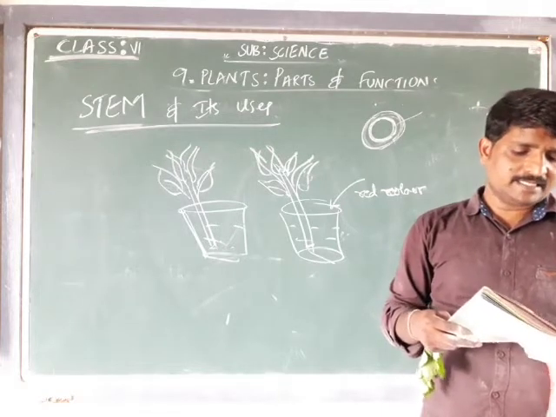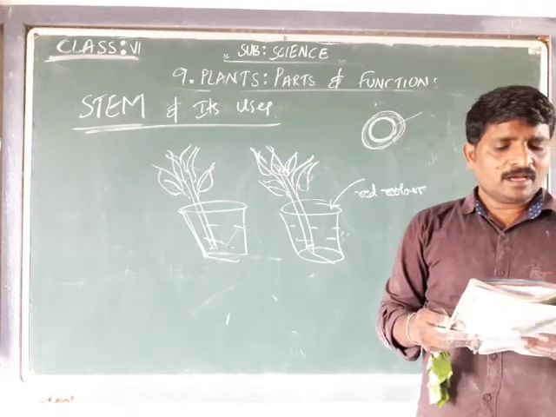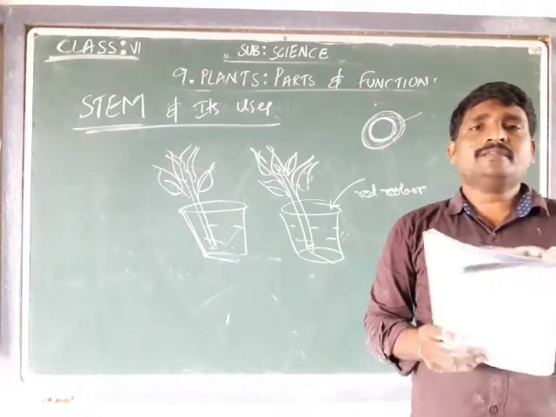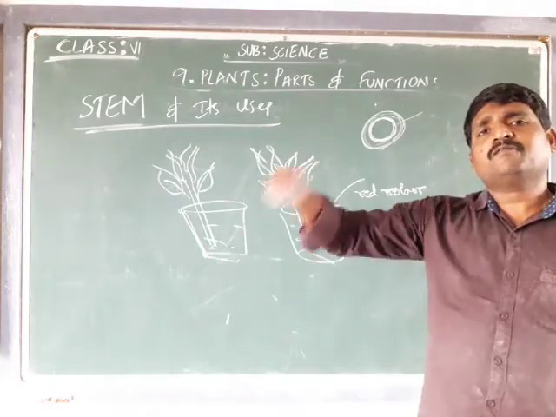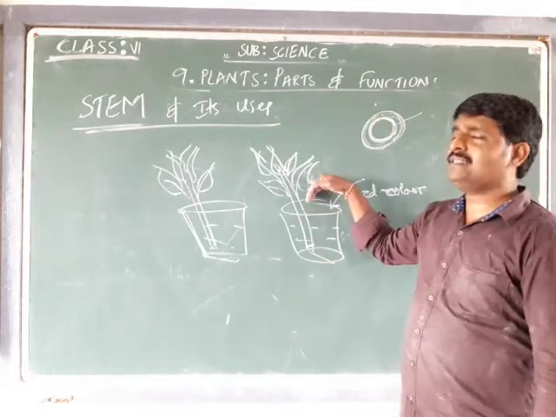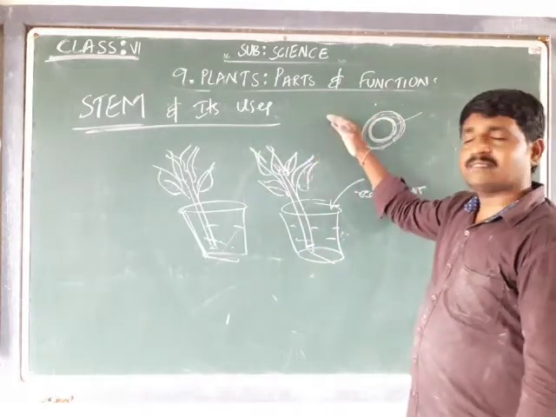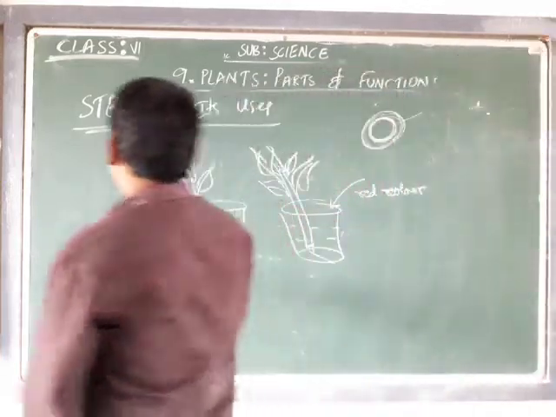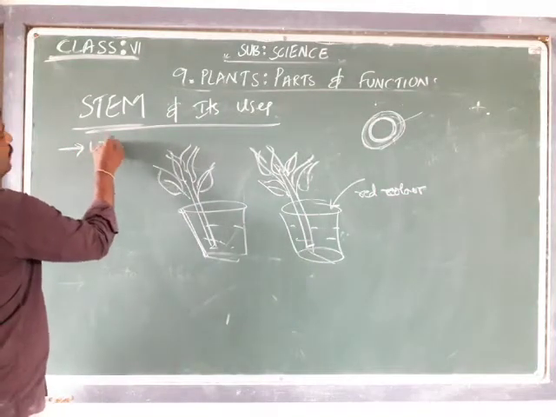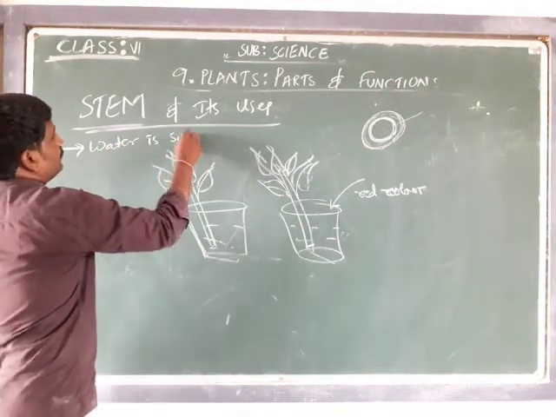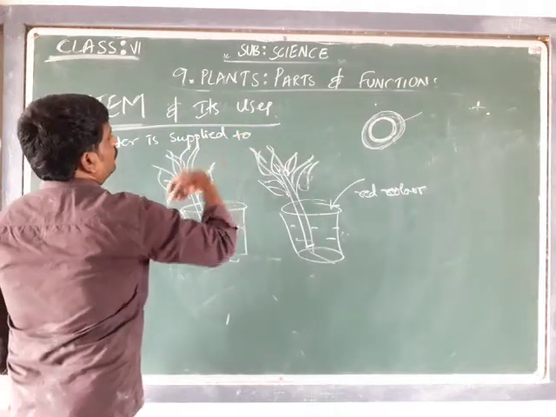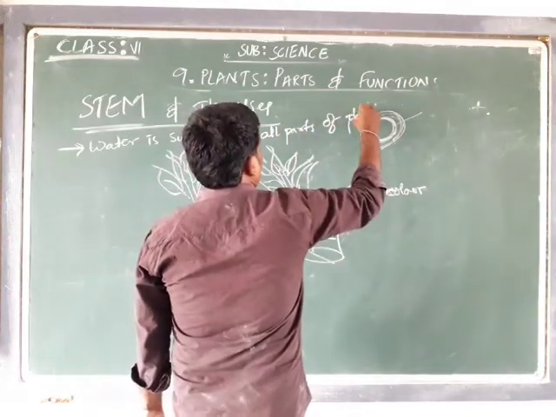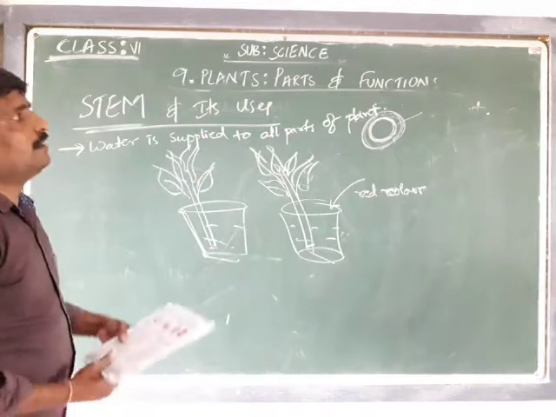And in most of the plants, one important point: water is absorbed by the roots and the stem carries that water and supplies it to all parts of the plant.